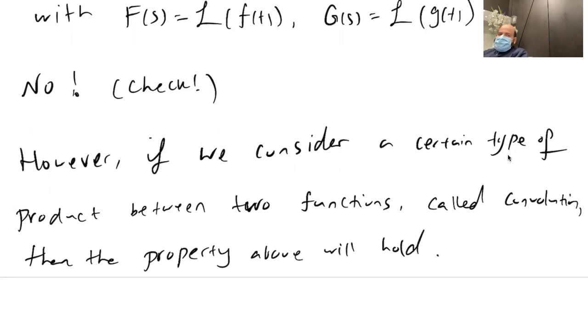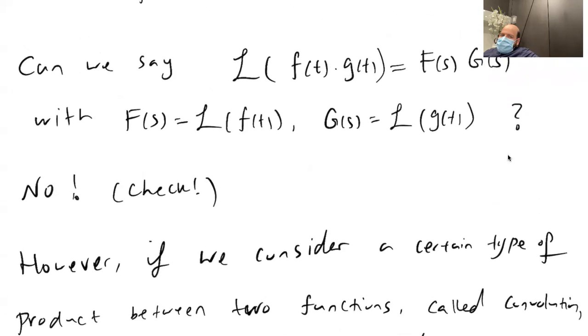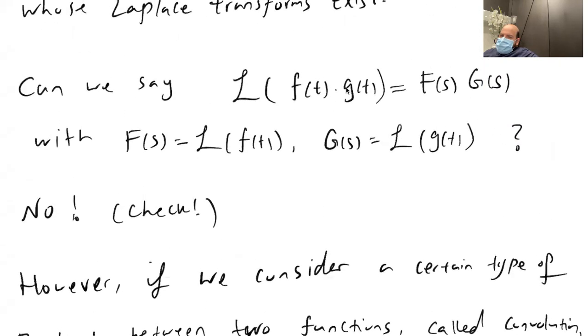So as long as you consider the standard product of two functions, this property unfortunately does not hold. But if instead of the standard product, I consider a certain type of product called convolution, so instead of f times g, if I consider f convolution g, then the Laplace transform of f convolution g can be written as F of s times G of s, as desired here.